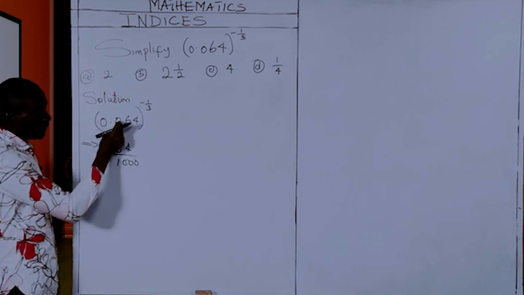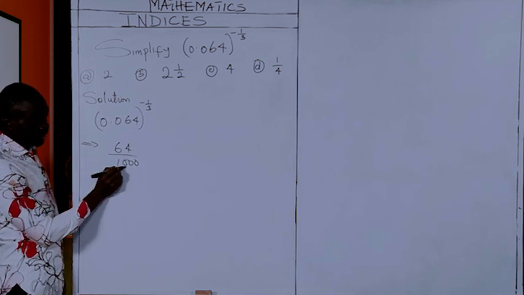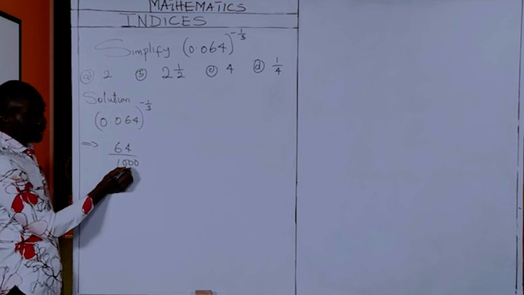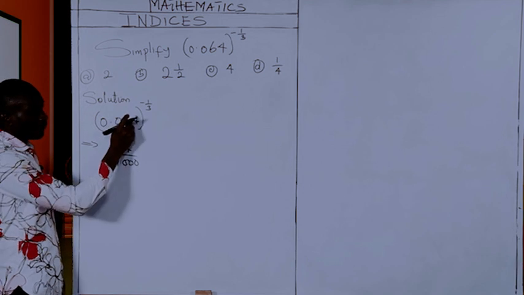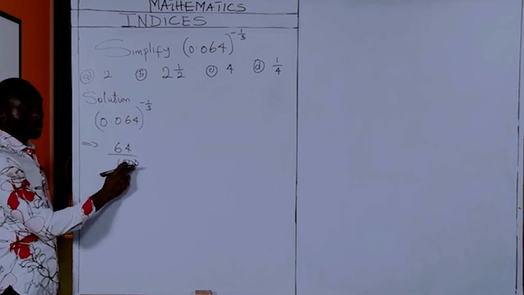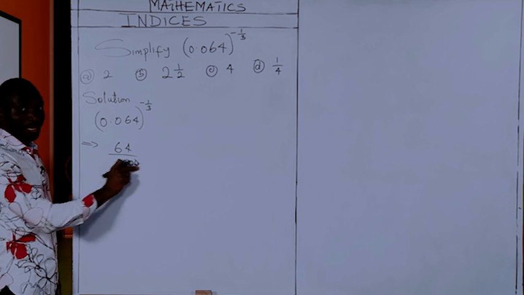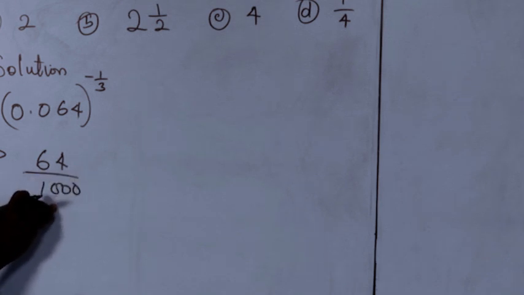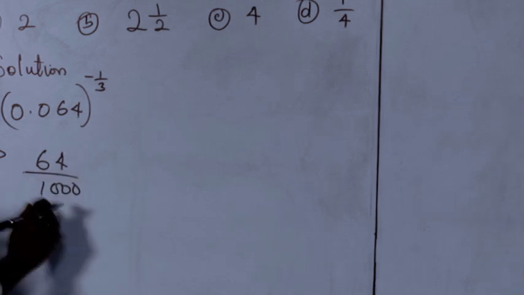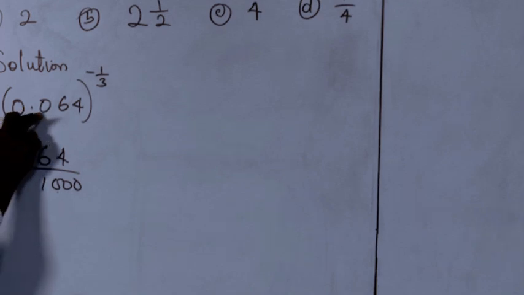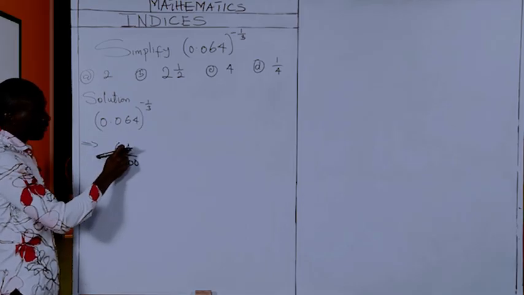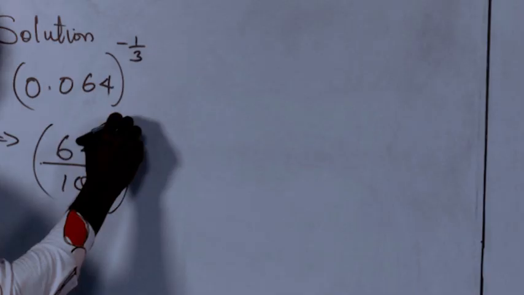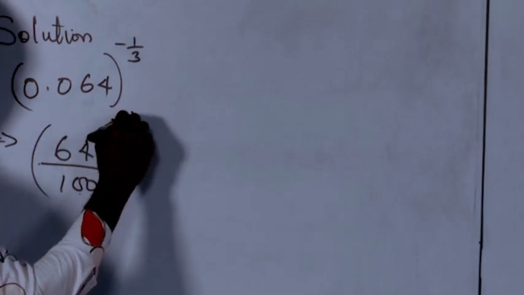The first shift gives the first 0, the next shift gives the second 0, and the third shift gives the third 0, which makes 1000 the denominator, and this becomes 64 over 1000. So if 0.064 is 64 over 1000, then we have minus 1 over 3.